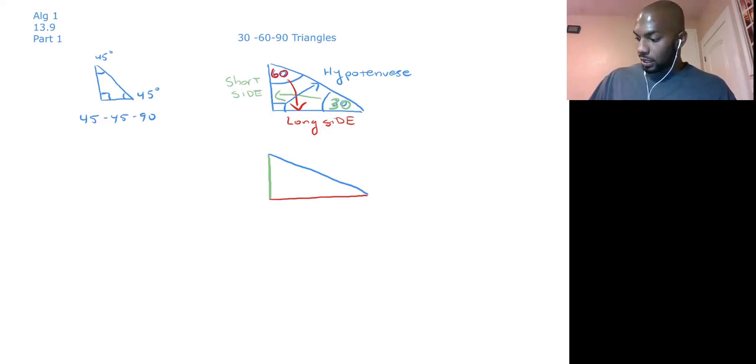The hypotenuse is opposite the 90-degree angle. And there it is. The short green side is opposite the 30-degree angle all the time and always. And the longer, medium side is opposite the 60-degree angle. Okay, so there you have it. I have color-coded the angles and their corresponding sides.